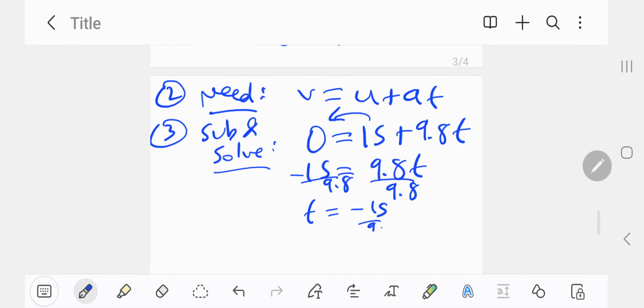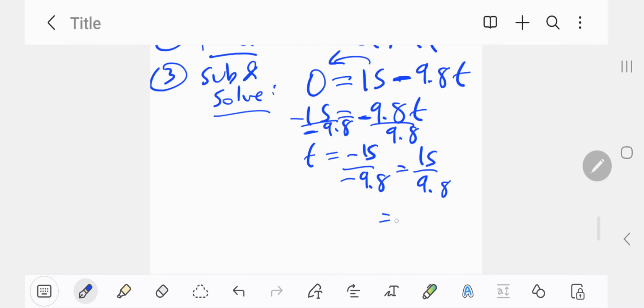If gravity acts upwards, it'll be a plus 9.8. So there should be a minus here. So that it's plus minus, which is just minus. And the minus and minus cancel out. So minus 15 divided by minus 9.8 is just 15 on 9.8. Calculator, you get around 1.53 seconds to 2 decimal places.